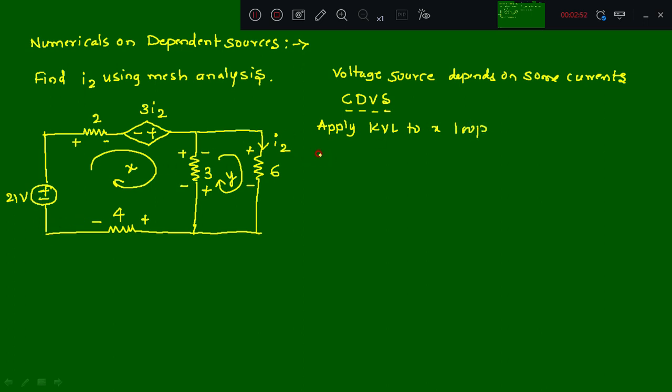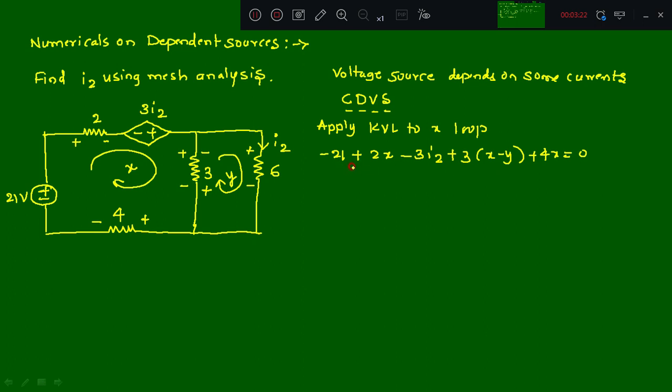It is minus 21 plus 2x minus 3I2. It is a voltage source, but it depends on a current value. We will see what this I2 is later. Then plus 3, which is between x and y, so x minus y. Plus one more element, plus 4x, is equal to 0.